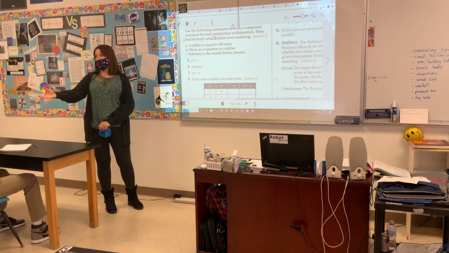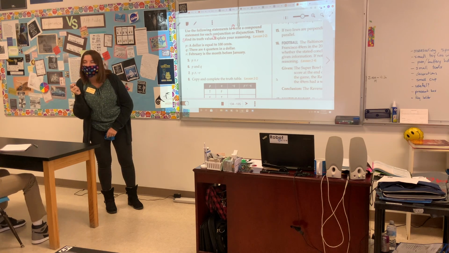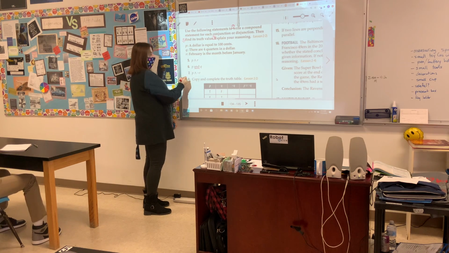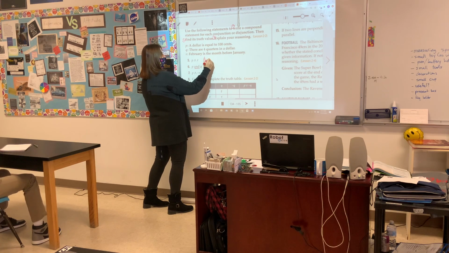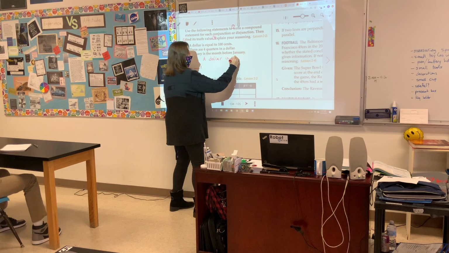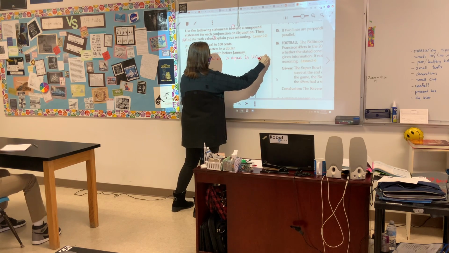So let's start with the compound, right? Okay, so he says that this is also a conjunction. What is the conjunction? A dollar is equal to 100 cents.